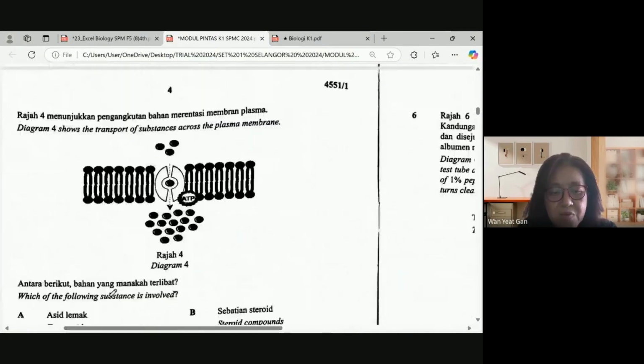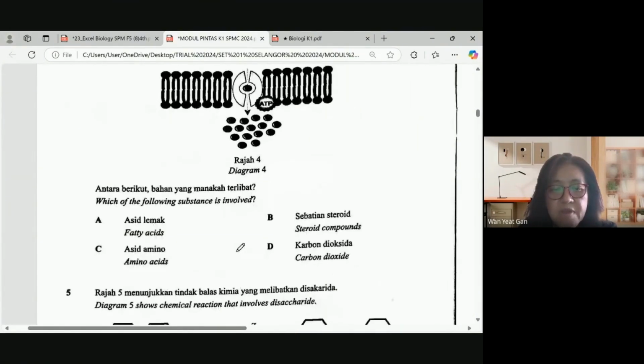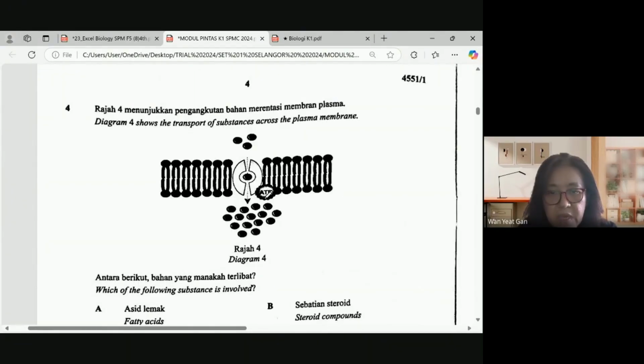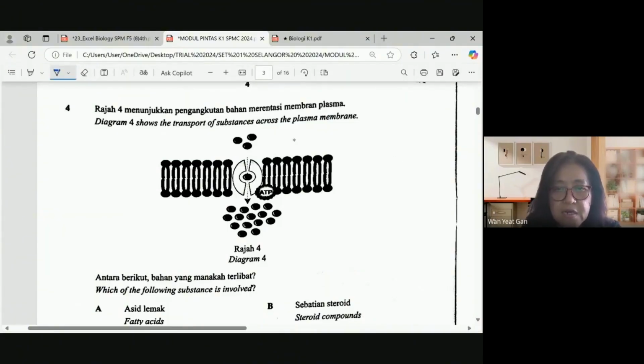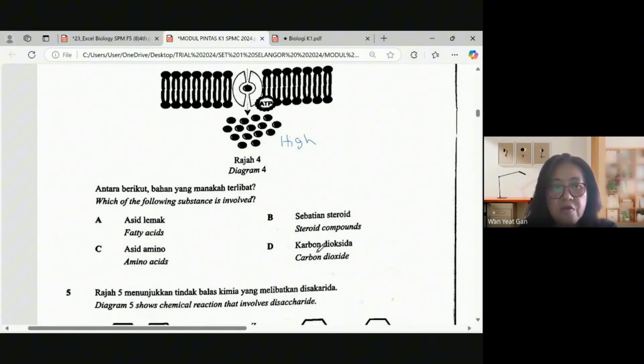Okay. Next, question 4. Diagram 4 shows the transport of substances across the plasma membrane. Which of the following substances is involved? You can see the ATP molecule is involved and the transport of substance is from low concentration to high concentration, so it's against the concentration gradient.